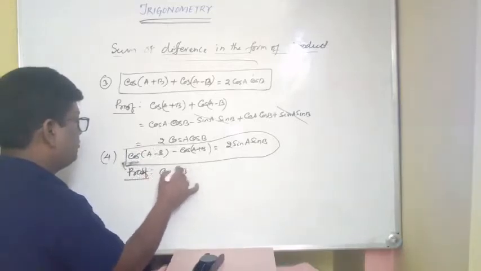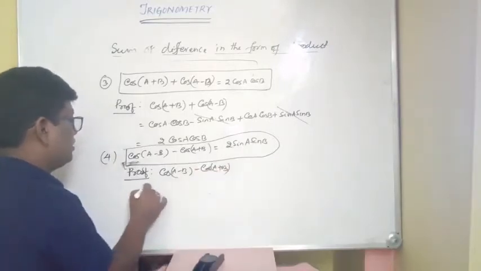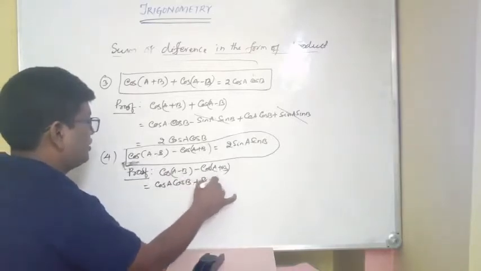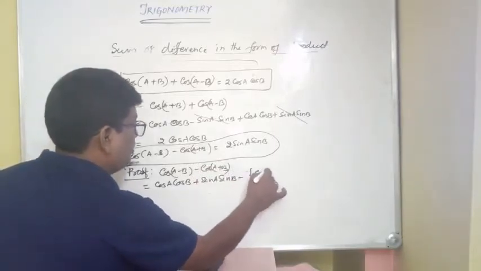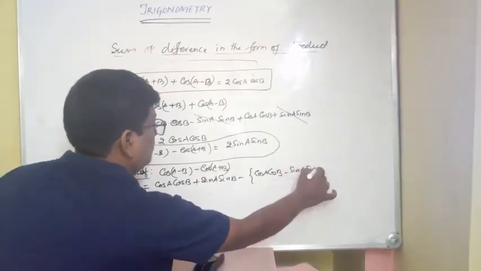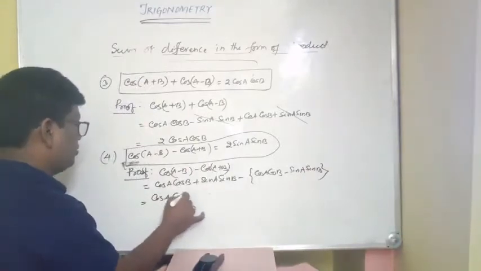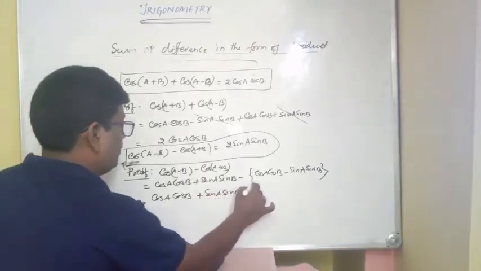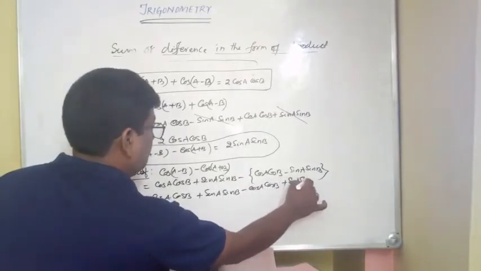Left hand side: cos(A-B) minus cos(A+B). This is equal to what? Cos A into cos B plus sin A into sin B, minus cos A into cos B minus sin A into sin B. Now this is cos A into cos B plus sin A into sin B minus cos A into cos B plus sin A into sin B. Clear?